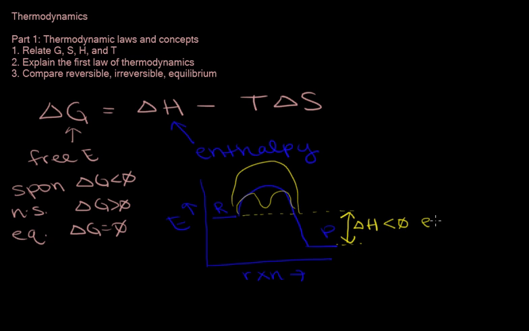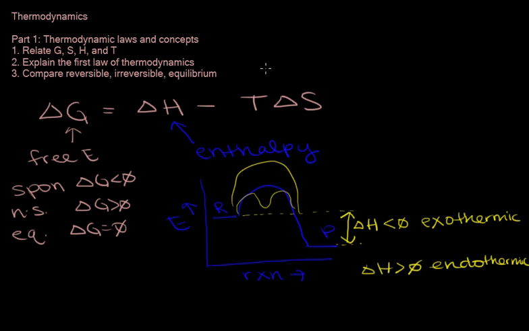This is exothermic. If it were to gain energy, then the products would be higher than the reactants, and that would be endothermic. Delta H greater than 0 is endothermic. It brings in energy, like ice melting. Okay.